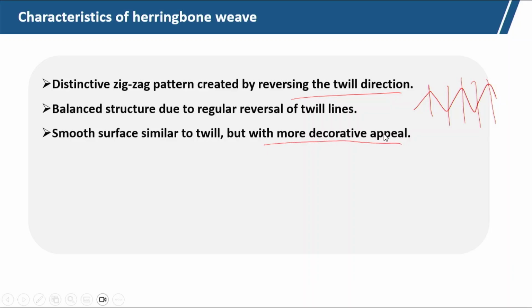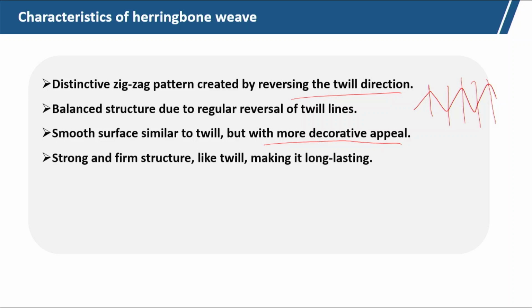So, twill line is a little bit monotonously moving from one direction to another direction, although it gives a very nice aesthetics, but here it will give more decorative appearance.